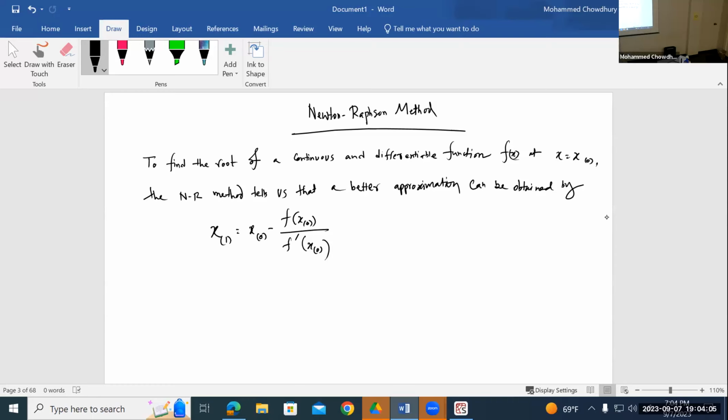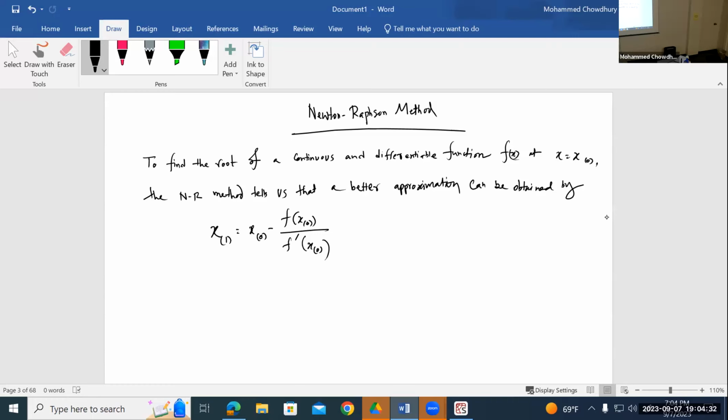So you have to find the initial guess, and then by using this we will update it. After a certain number of iterations, 5, 6, 7 or 8, 9 times, the previous iteration and the current iteration give almost the same value. So you say that this will be my solution.